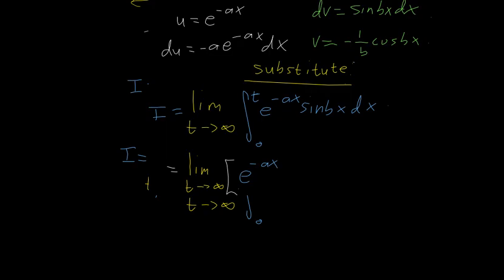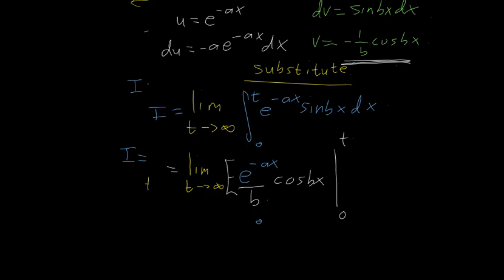I put that in, so negative 1 over b, cosine bx, from 0 to t.